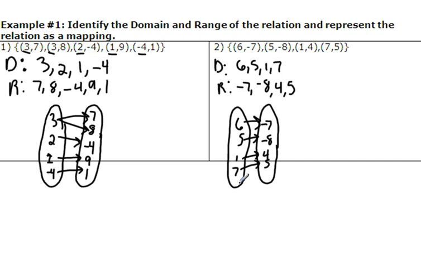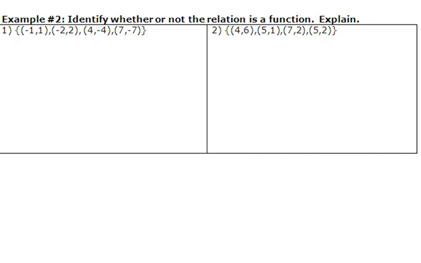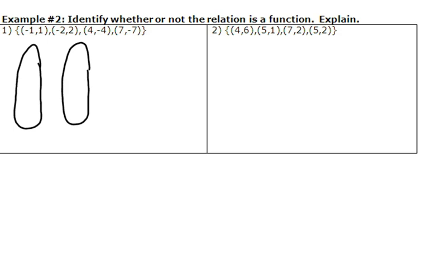So let's look at the next example. This one says identify whether or not the relation is a function. Explain. Now the first thing we're going to do is we're going to draw our ordered pairs as a mapping. So just like before. This will help us see whether or not something is a function. So I have -1, -2, 4, and 7.